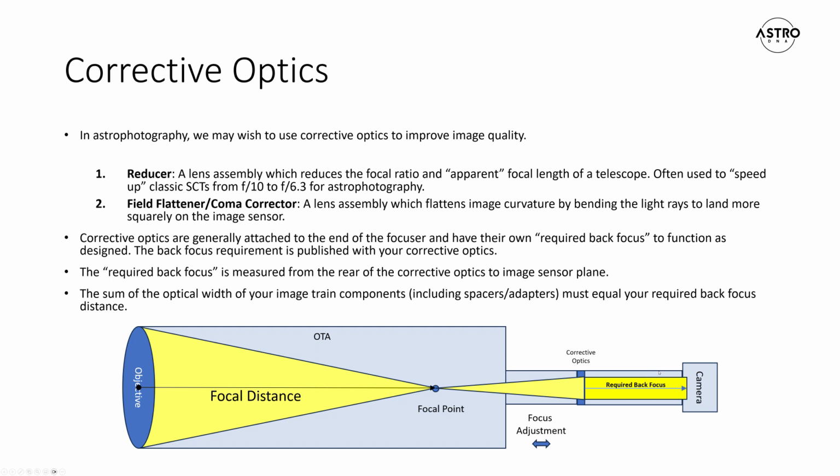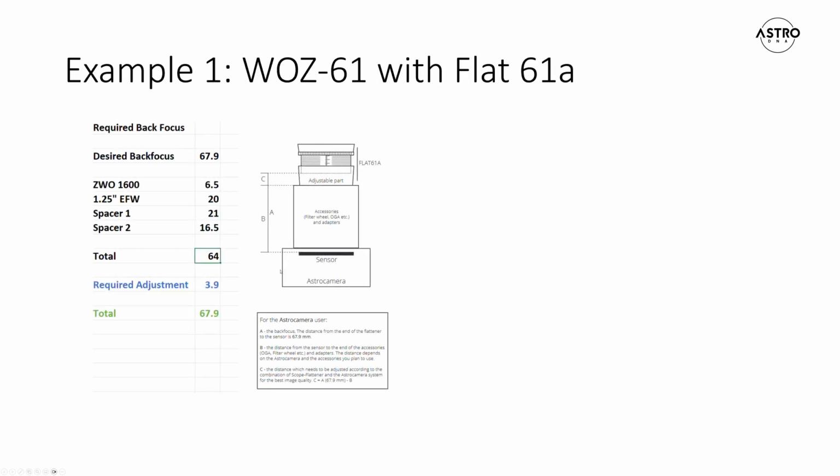But this train back here is made up of many components. Number one, my camera itself, my ZWO 1600, the monochrome Pro camera. Without the spacer connected to it, it has a native back focus of 6.5 millimeters.